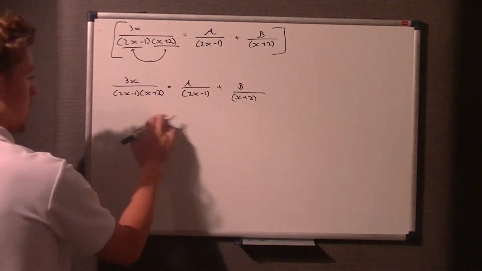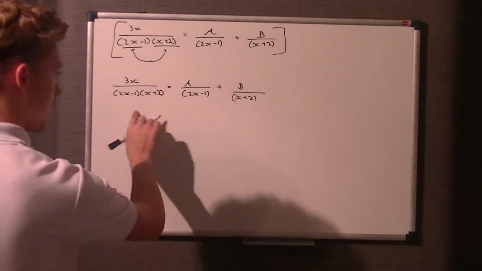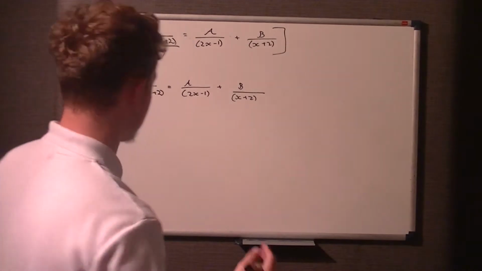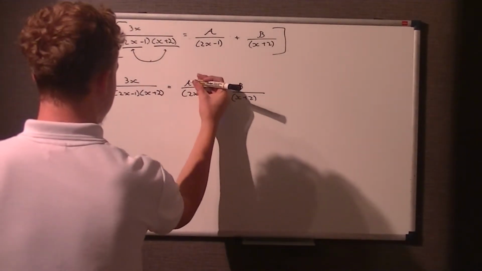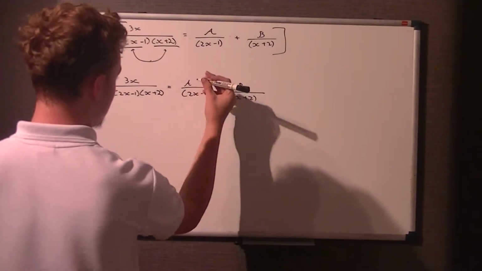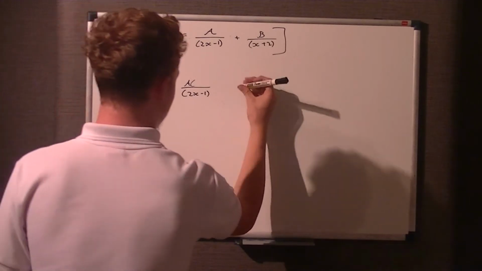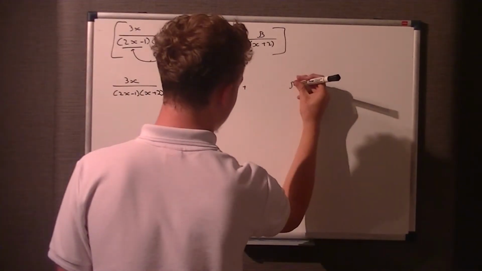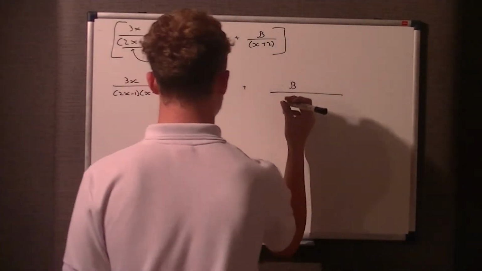So we times them both by the factor it's not got on the bottom. Essentially we're timesing by 2x take 1, x plus 2, so it's a times (2x take 1)(x plus 2). I'm going to write it in full. If I give myself a bit of space here and write b a bit further over, you don't need to do this, because all you really need to do is write one factor, and I'll explain why.